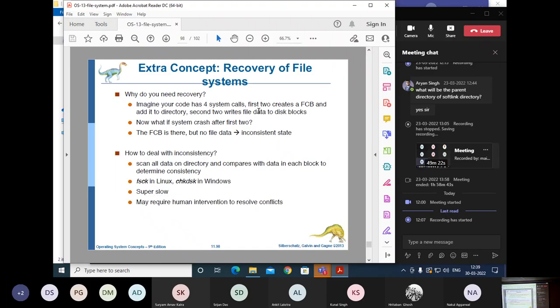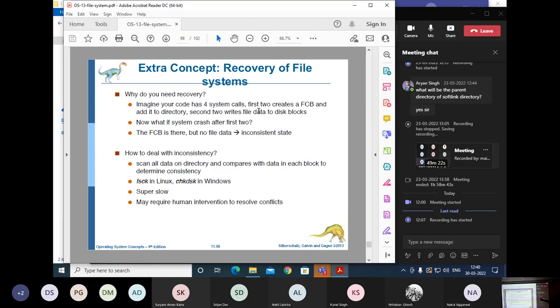Even in the case when your tree is somewhat broken, some pointers are not really correct, if I'm talking about the directory tree, then you have to run FSCK, file system check, or check disk, CHKDSK, short for that, which will scan the whole directory tree and fix these links.